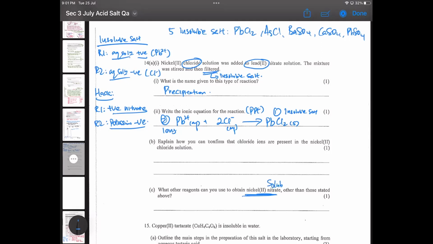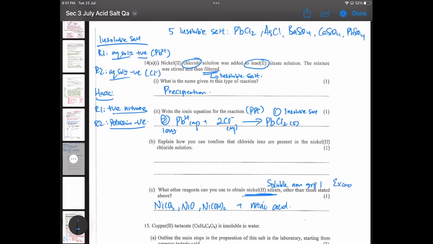This is a soluble salt, non-group 1. Again, this is the excess method. I don't know why it's inserted here, but the easy way: nickel carbonate, nickel oxide also can, nickel hydroxide also can. All of these react with nitric acid. So this is again the excess method. Don't know why it's plugged in over here.